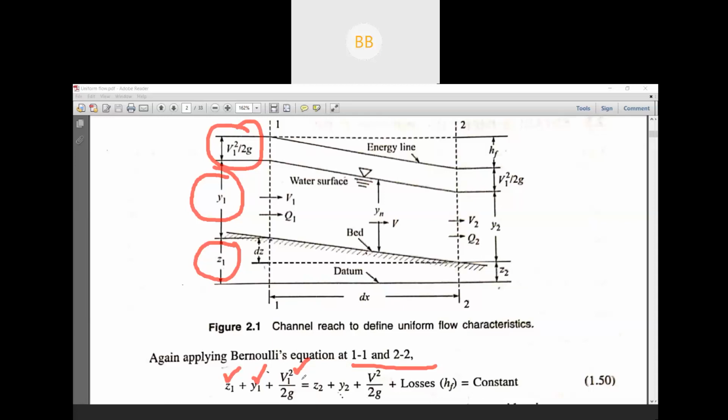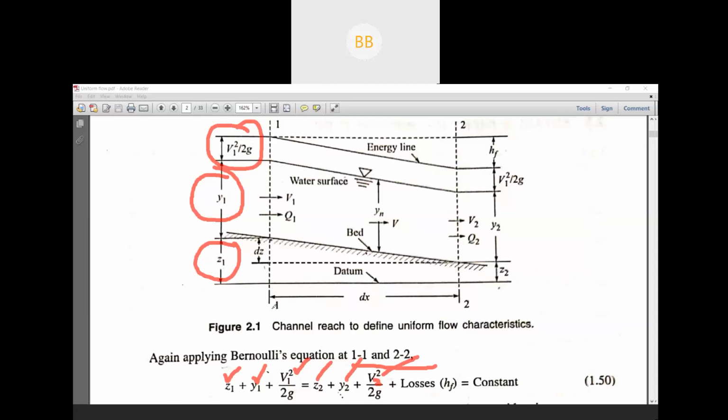The total energy of section 1 should be equal to the total energy of section 2. So in the second section, we again have kinetic energy head, potential energy head plus datum head.